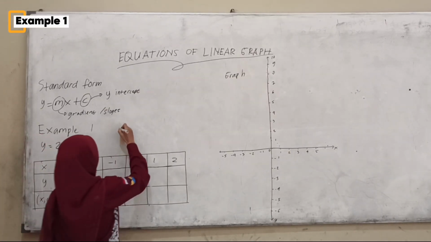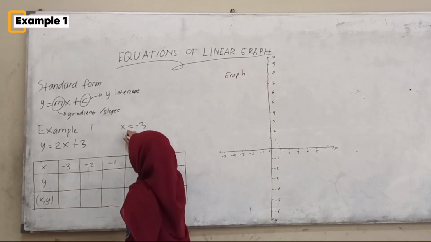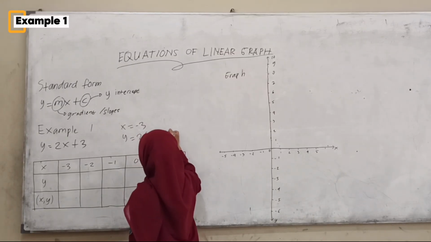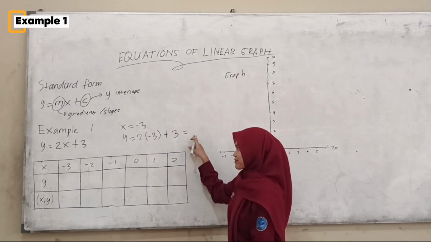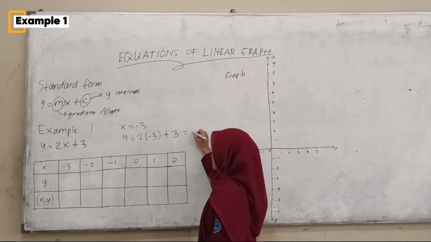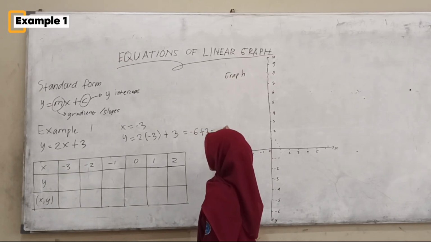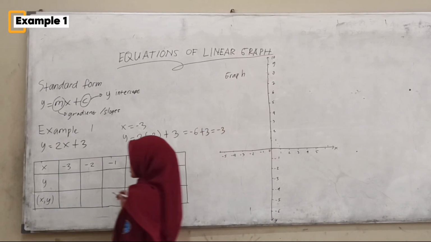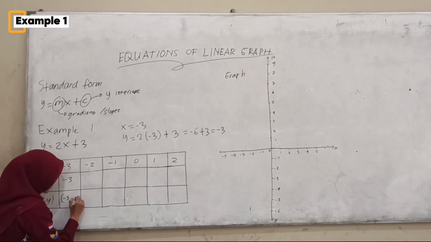For example, if x equals minus 3, then y equals 2 times minus 3 plus 3. So it will be minus 6 plus 3 equals minus 3. So the y value will be minus 3. So the coordinate is (minus 3, minus 3).